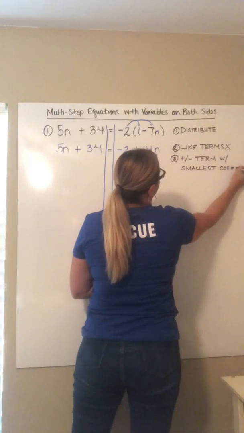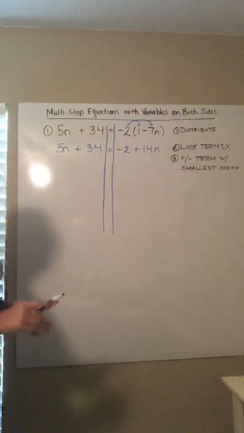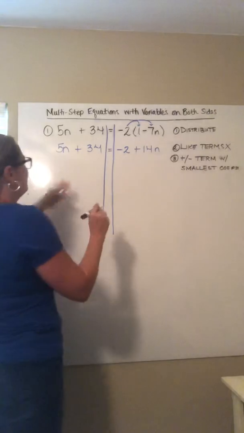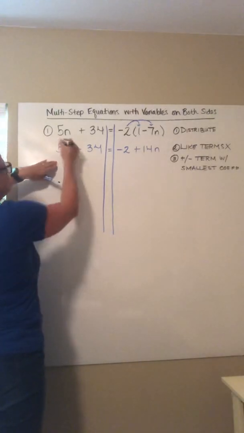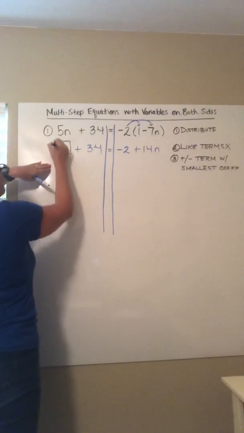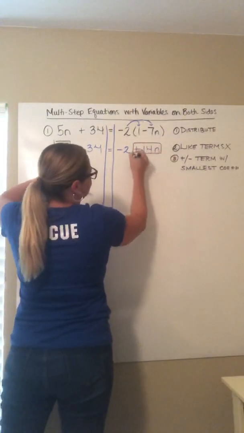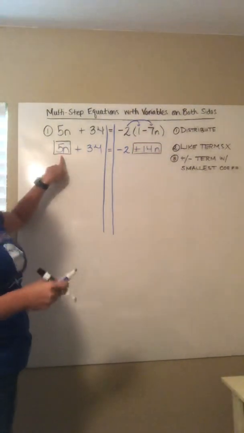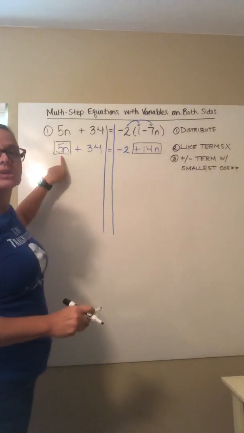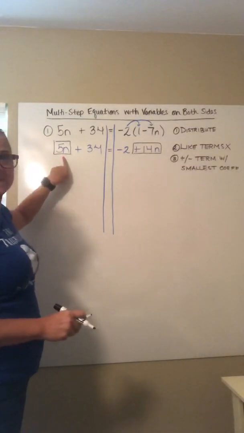It's the number in front of the variable. So I'm going to look at the terms that have a variable. I have a 5n, and I have a 14n. Which one is smaller? Well, 5n is smaller than 14n. So I'm going to do the inverse of this on both sides.